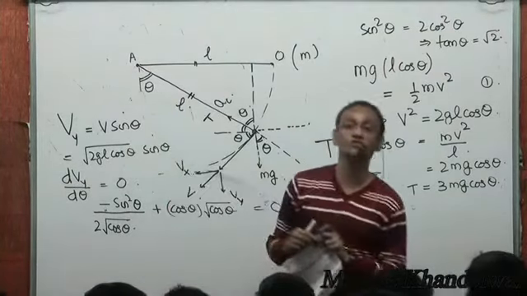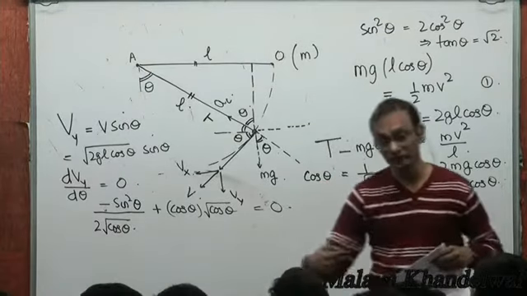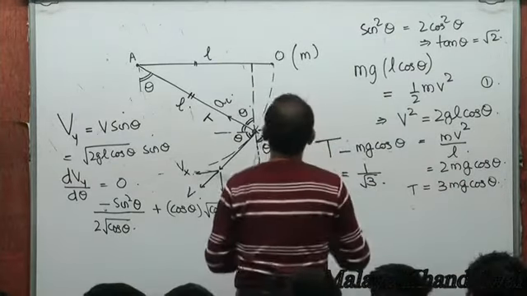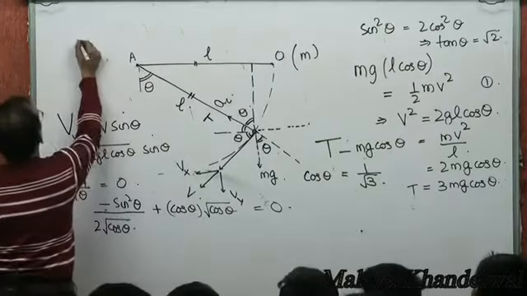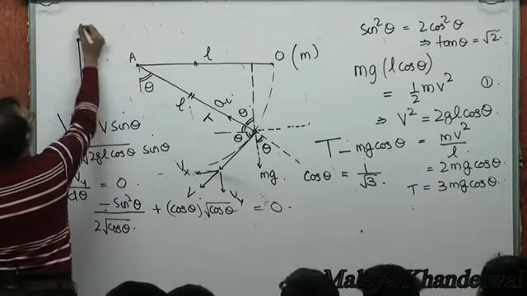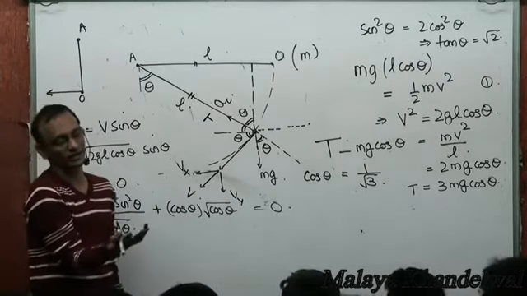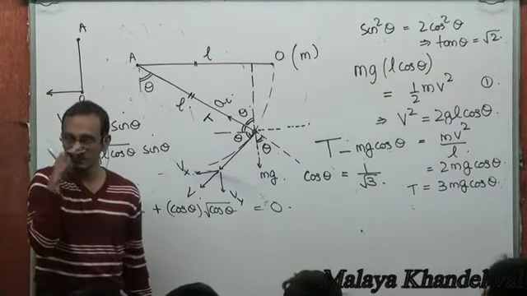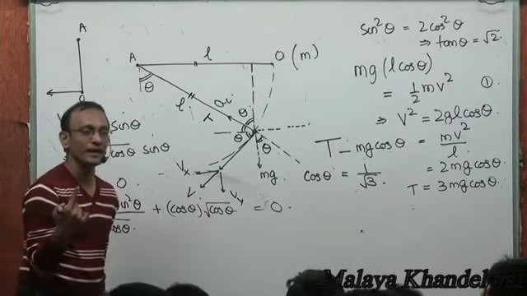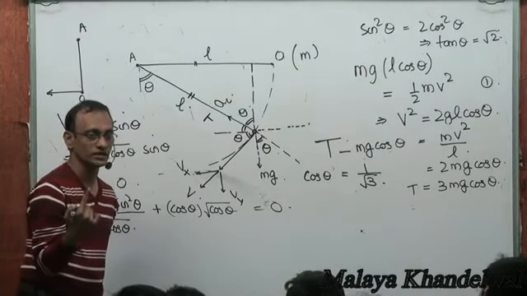When is the horizontal velocity the maximum? Physically, when it reaches a vertical state, when O comes here, then the entire velocity would be horizontal. It will be V max. That's going to be a state of maximum horizontal velocity. Yes or no?